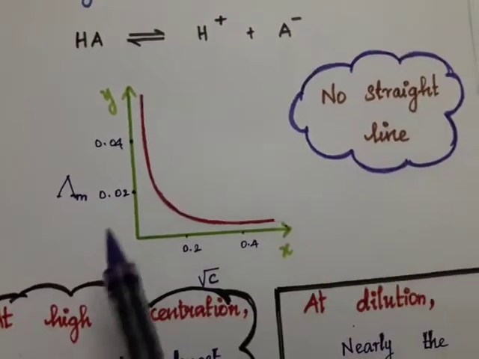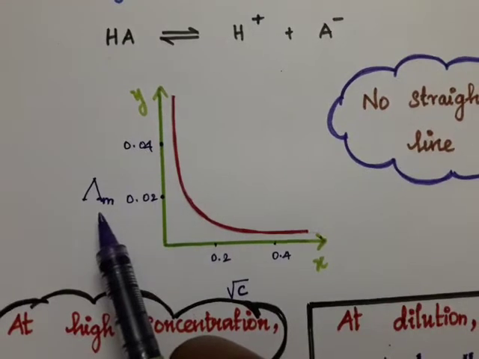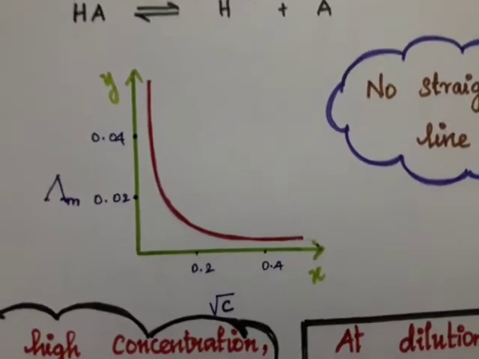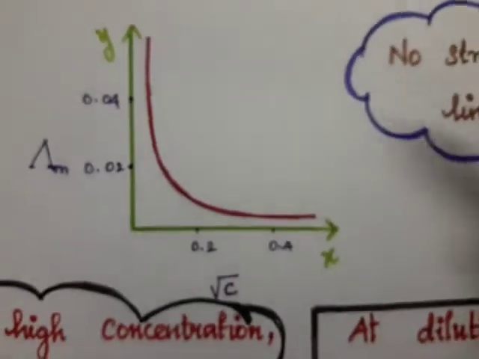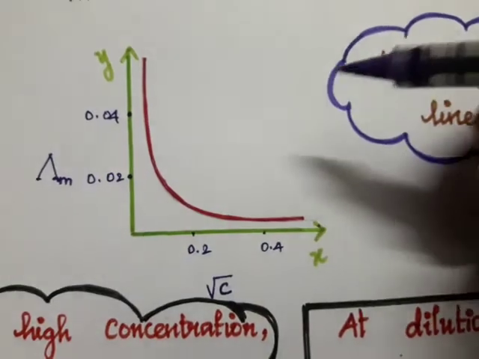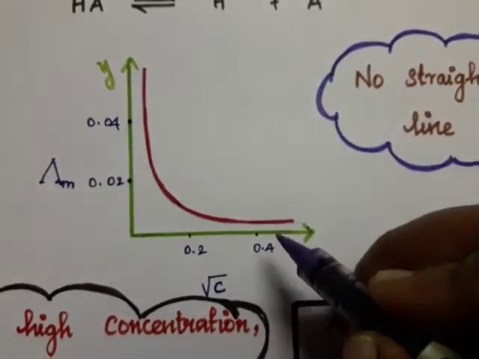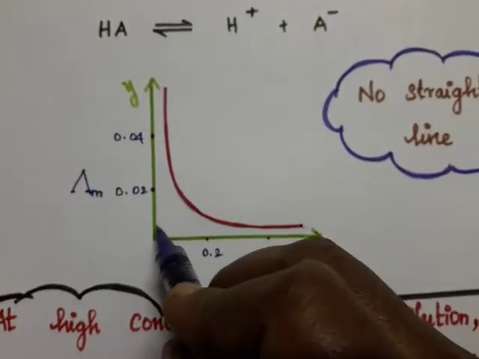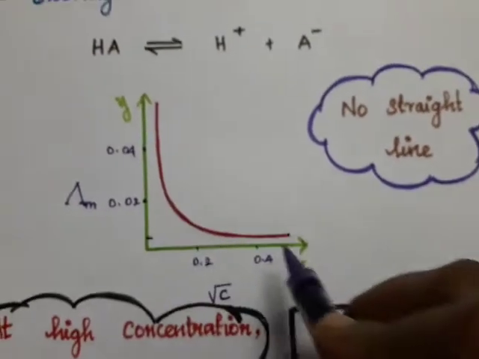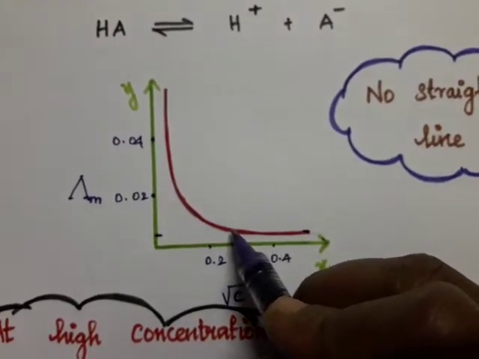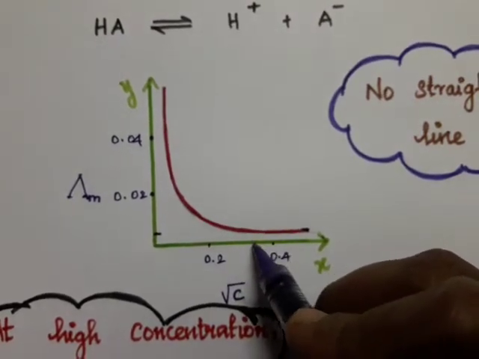Like before, I have taken lambda m on the y-axis and root c on the x-axis. When we plot, we get a curve like this for the weak electrolytes. From the curve, what we learn is that at a high concentration the molar conductance is very low, and the graphical line is parallel to the x-axis.